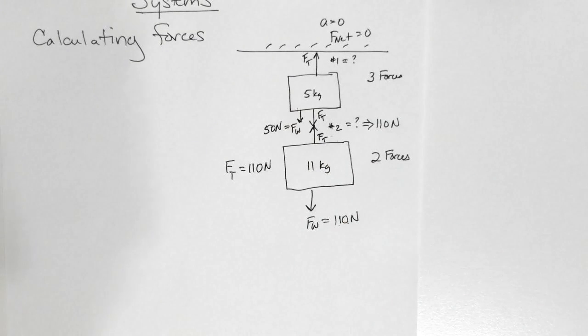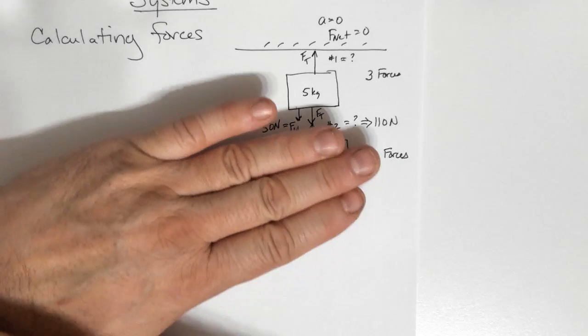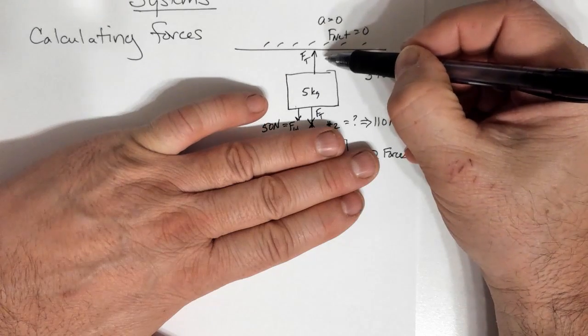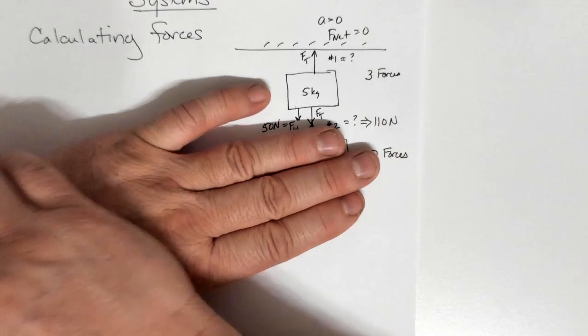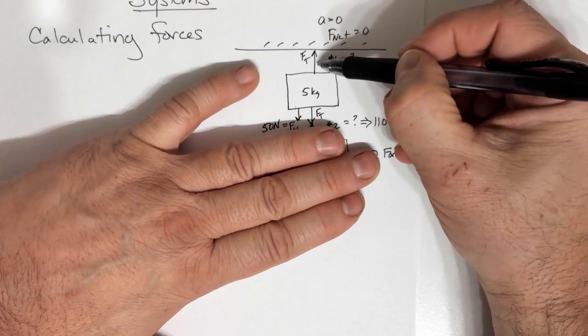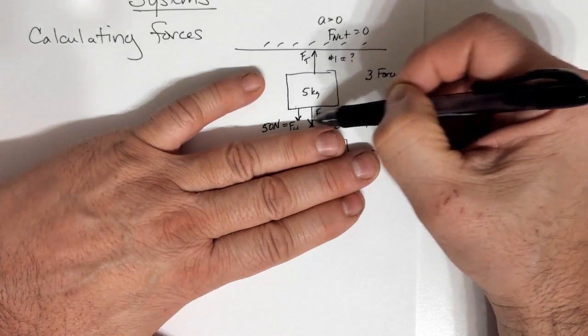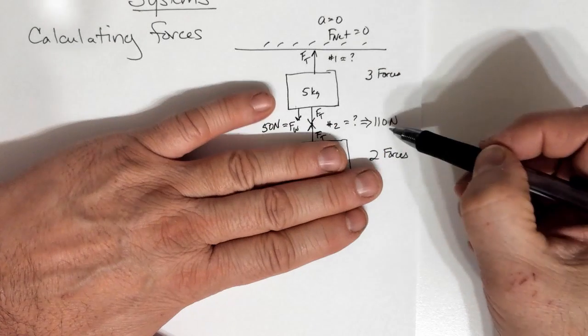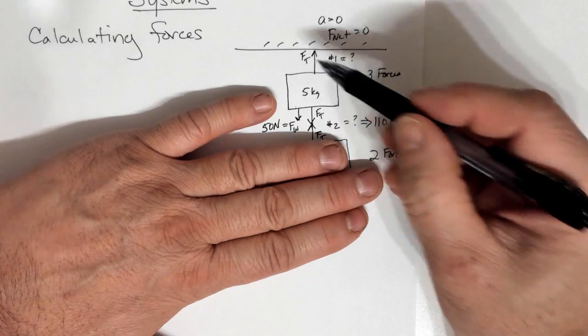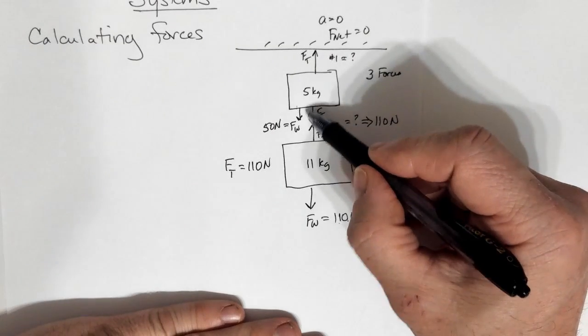Okay? Now, how would I find the tension up here? Well, it's up minus down. Okay? So this one right here would be equal to all the downward forces. We just found out this one's 110. But there's also weight acting down.